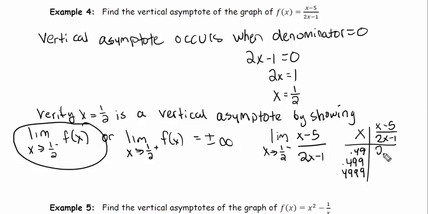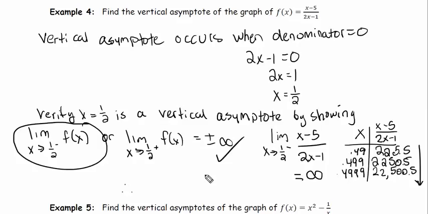So this gives me 225.5, 2,250.5, and 22,500.5. And I see these are getting really large, so this limit is infinity. Therefore, since we showed it was either infinity or a negative infinity, x equals a half is a vertical asymptote.